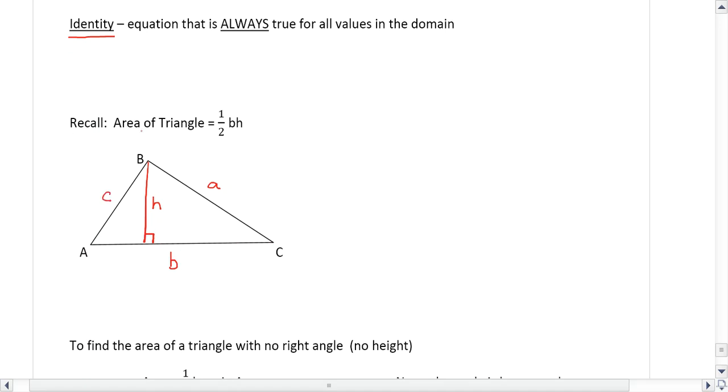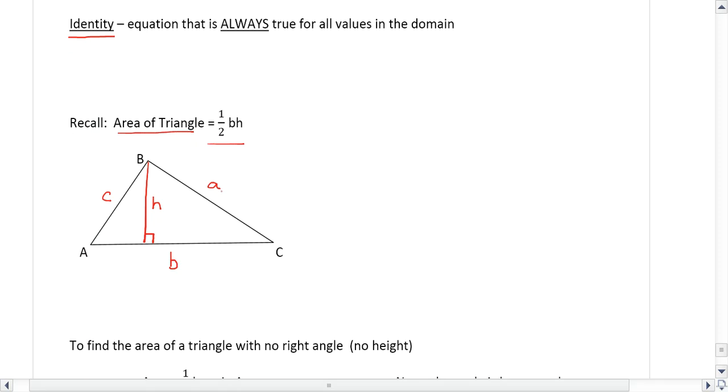Now I'd like you to recall from your geometry days the area of a triangle is 1/2 base times height. But as I said, we're going to find a formula that will work when we do not have a height. So we need to take this formula and manipulate it and do some substitution so that we do not have a height in it.